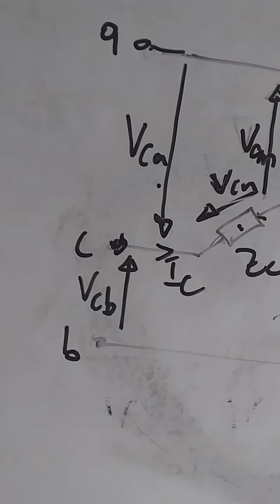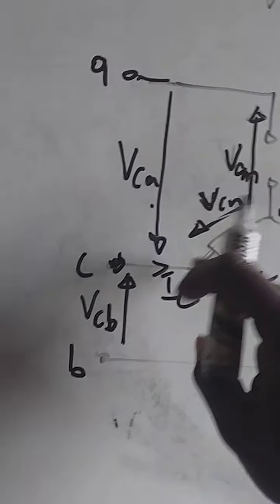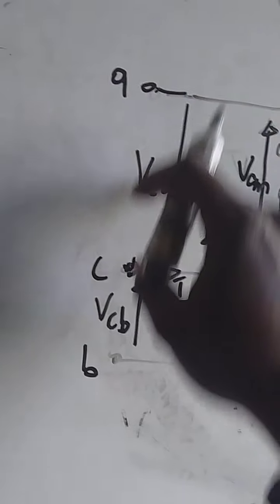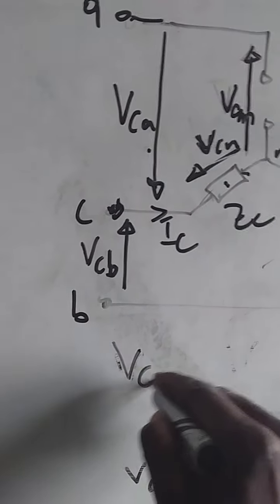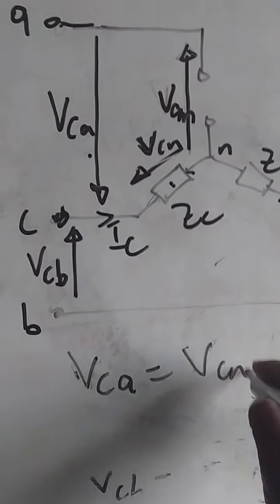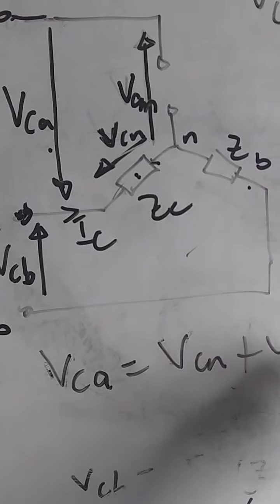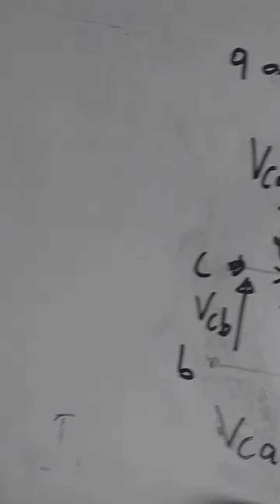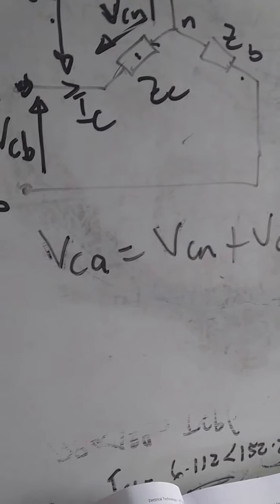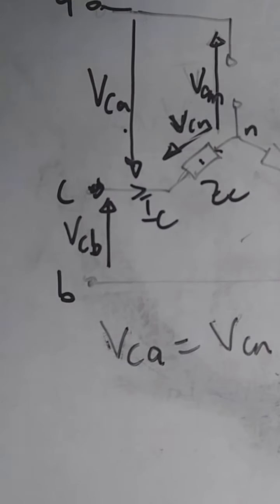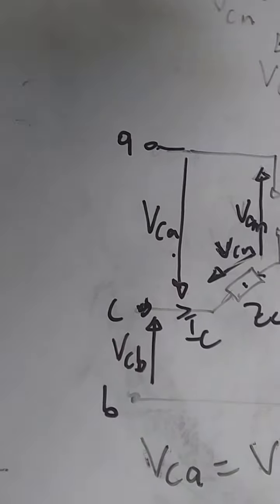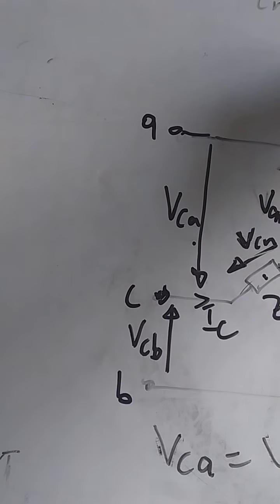Once you have determined the voltage drop at that point, what you are looking for is VAN. From here, your VCA is equal to VCN plus VAN, right? Your VCA from the phasor diagram is at angle minus 120 degrees.